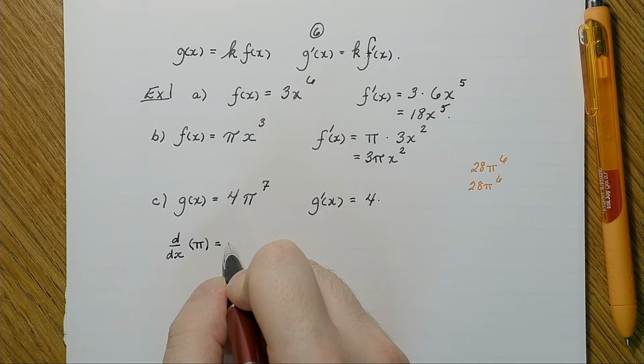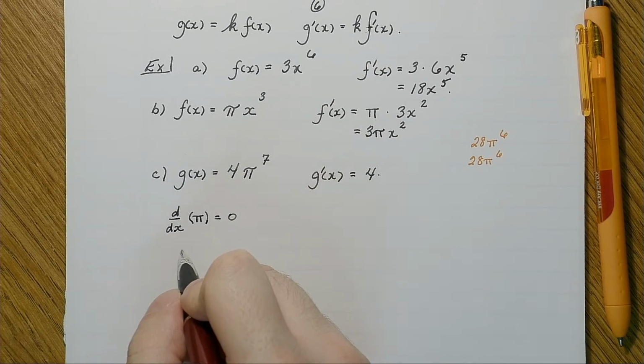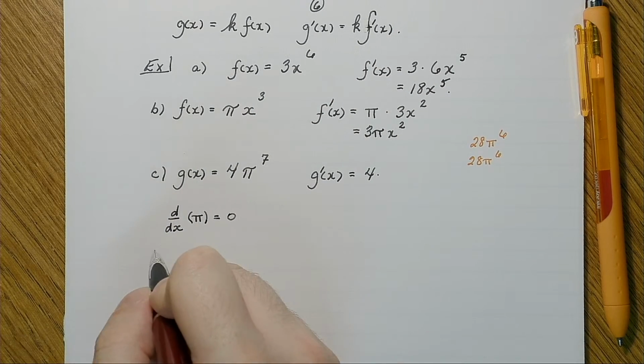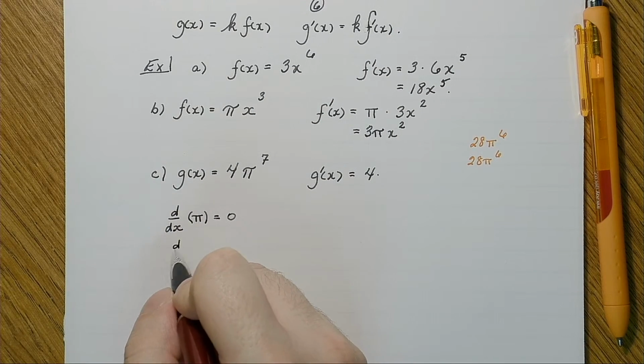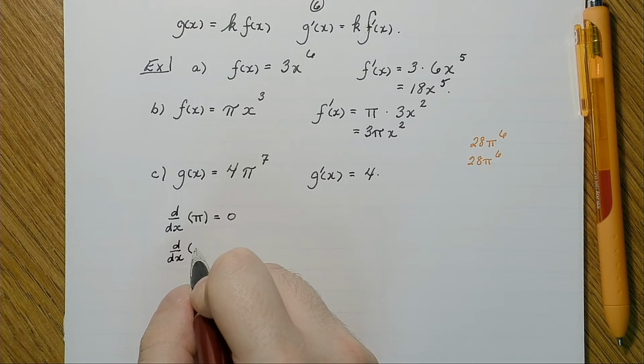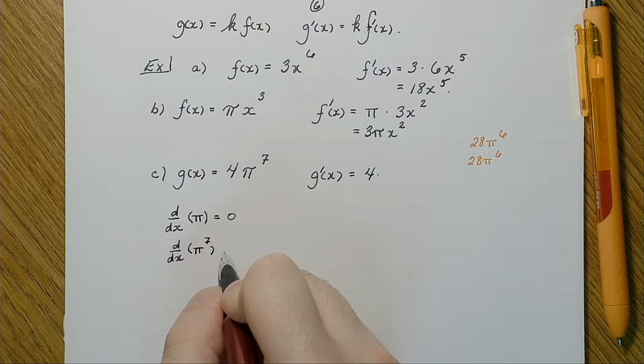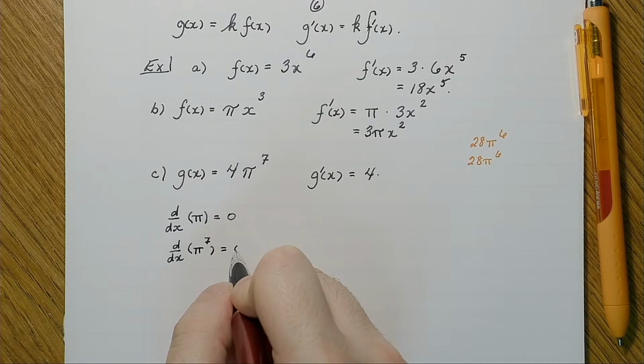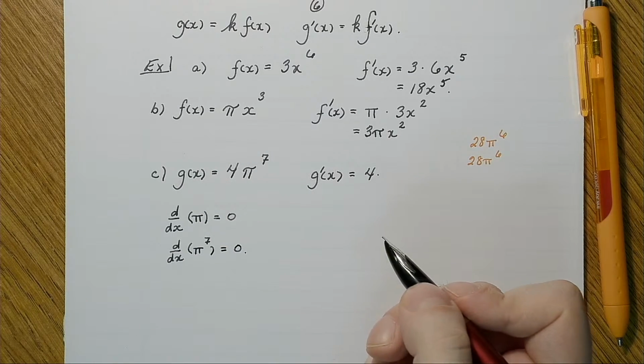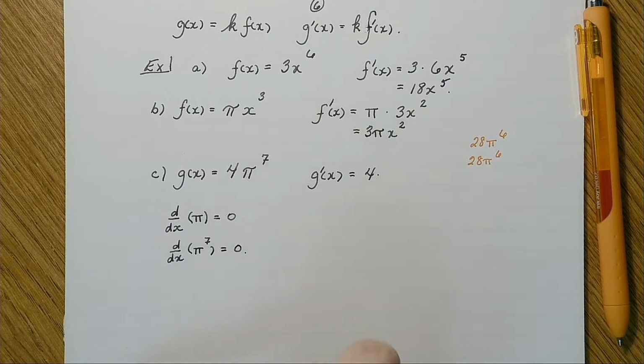The derivative of pi is 0. And again, if I take pi and I cube it, square it, or put it to the 7th, it's still equal to 0, because again, it's a constant.